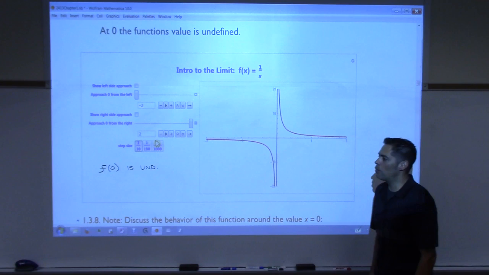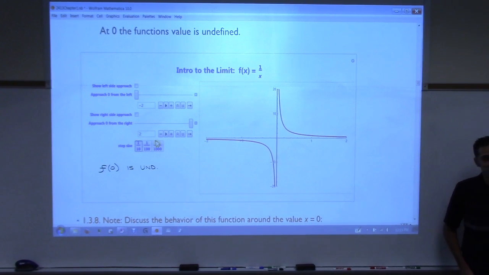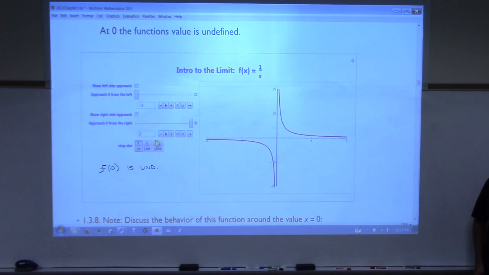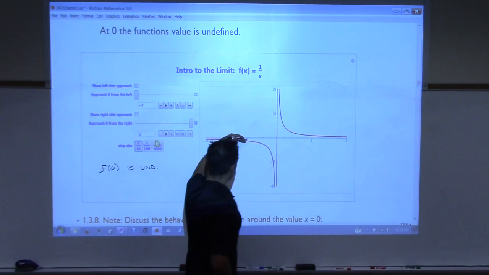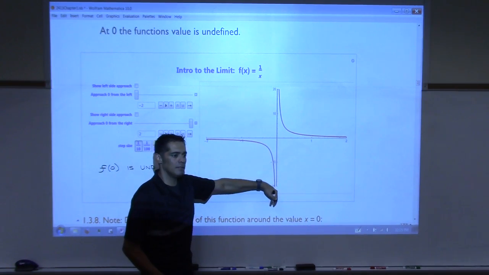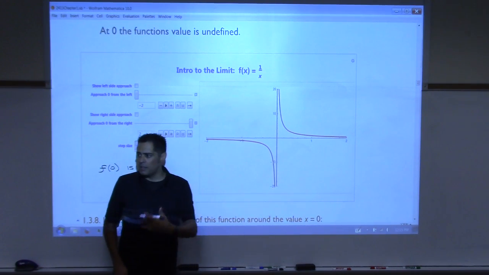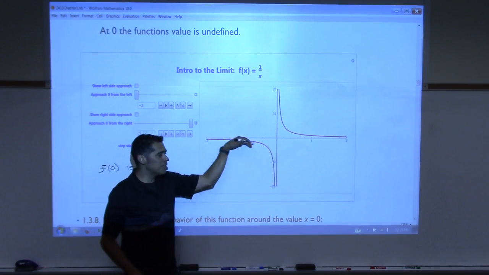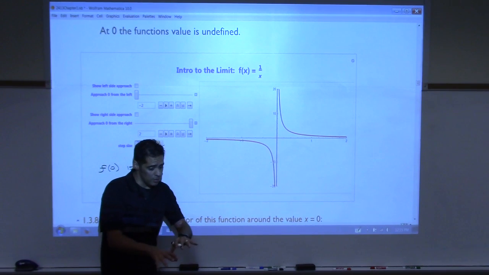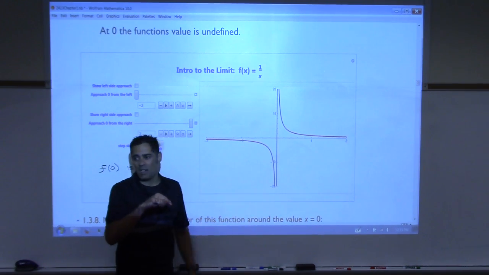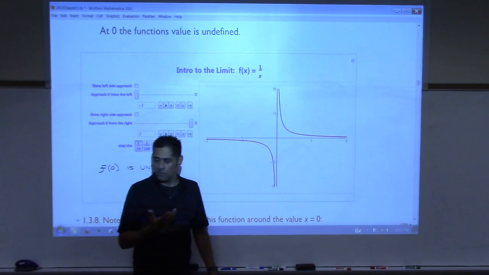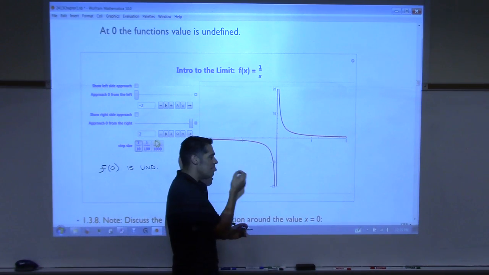How about as I approach 0 from the left? It's headed towards negative infinity, right? Now, early in this book, when you get to something like this, early in the chapter, it wants you to say this situation does not exist, because it's not headed towards a number.